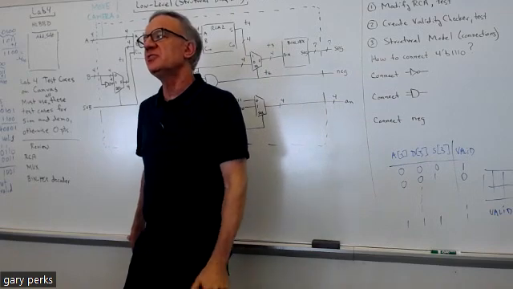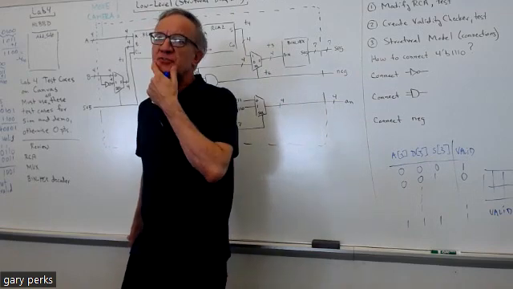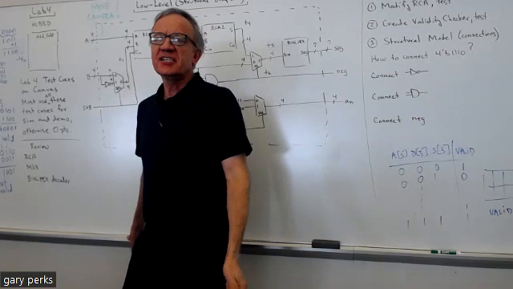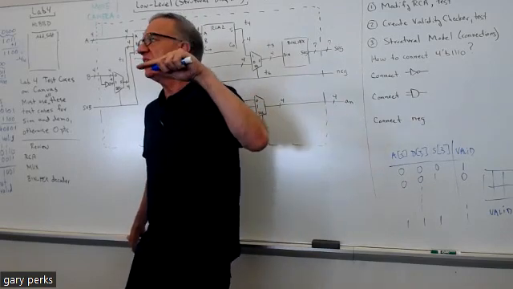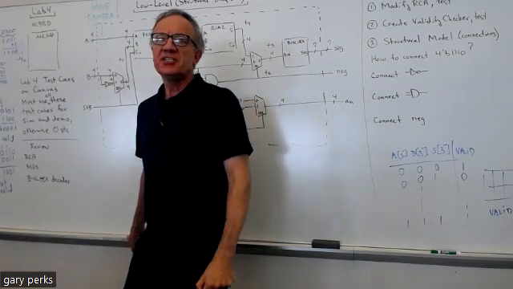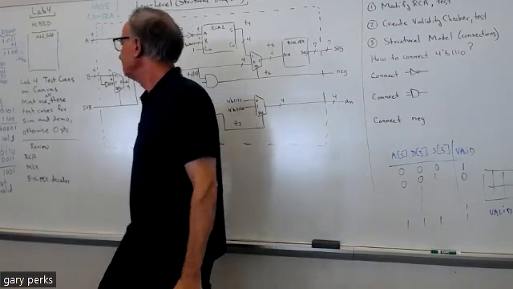Make sure you use the test cases that are given, because if you use some other test cases, you're not going to get credit. And again, it should be both for the simulation and for what you test on the board.